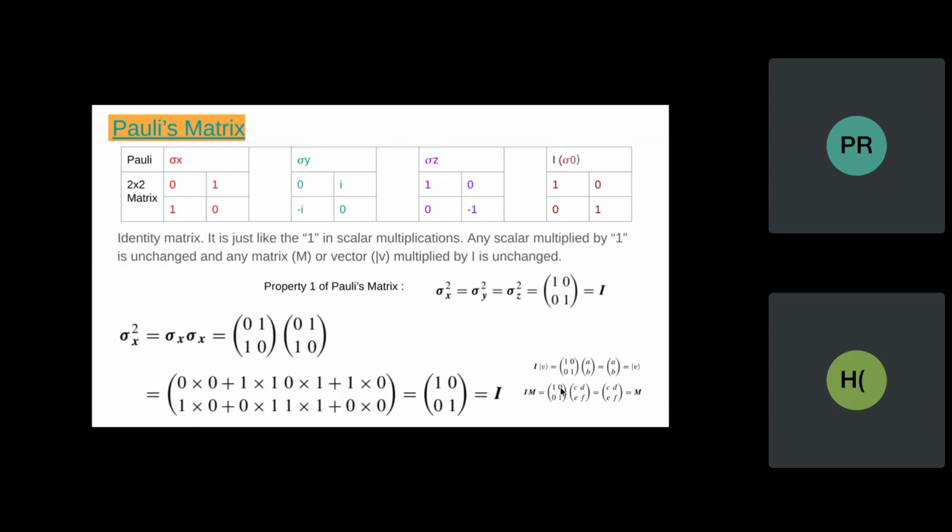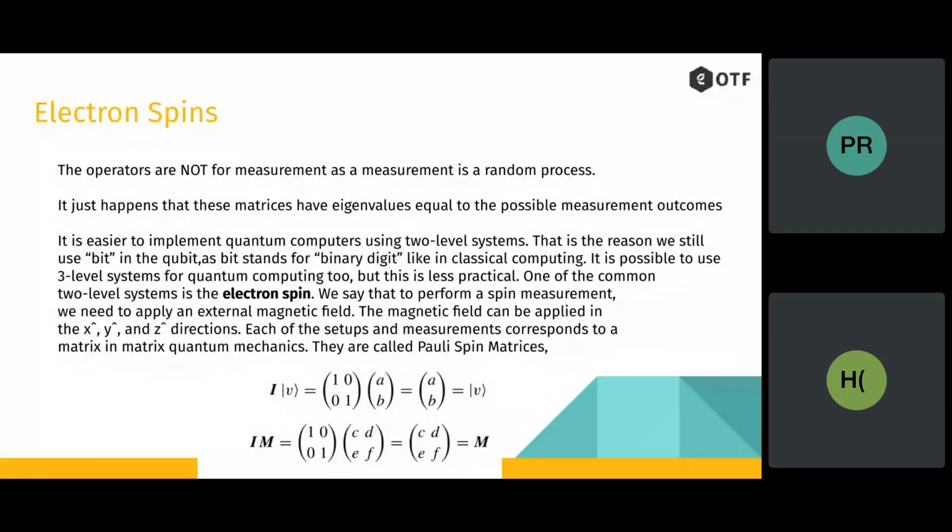Same way, if I have a matrix, and you are multiplying by the identity matrix, it gives a result in the matrix. So that's one of the properties.